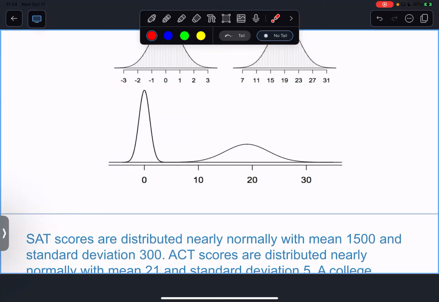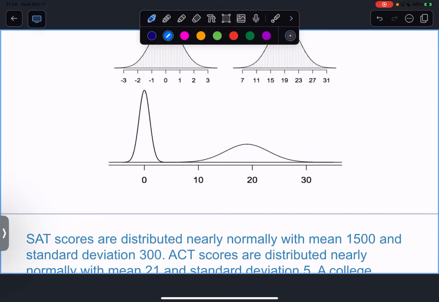And why? Because the total area has to be 1. So the total area is always the same. If you've got a tight spread, then everything's up in that peak, all concentrated here. Whereas if I need to spread out an area of 1, but I have to cover a larger range, a larger spread, then it kind of flattens down.